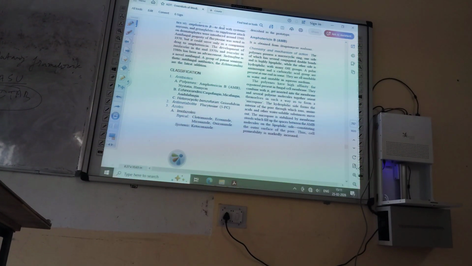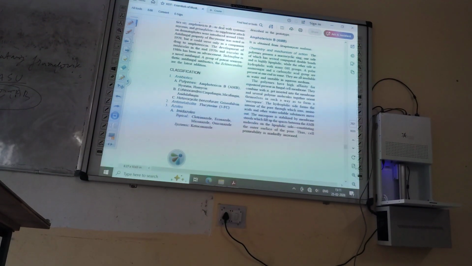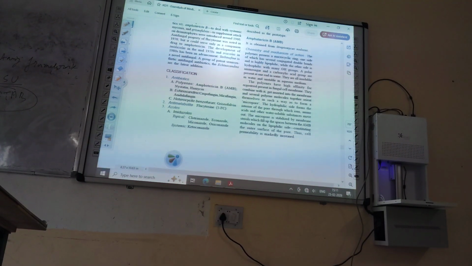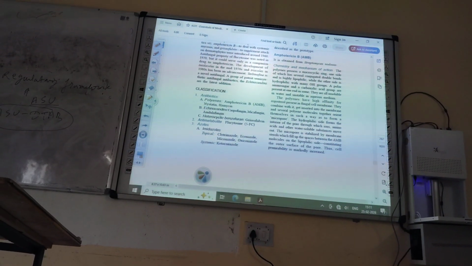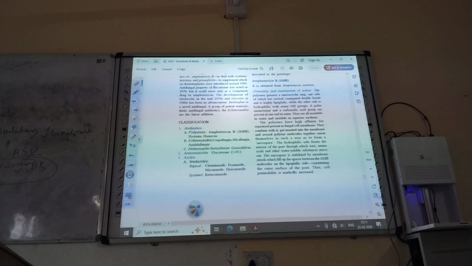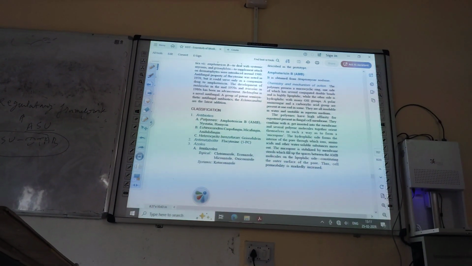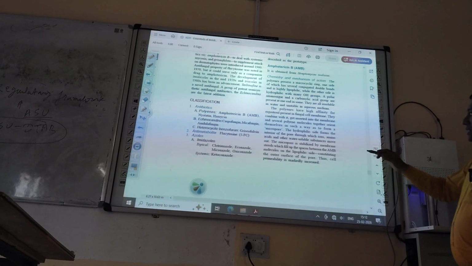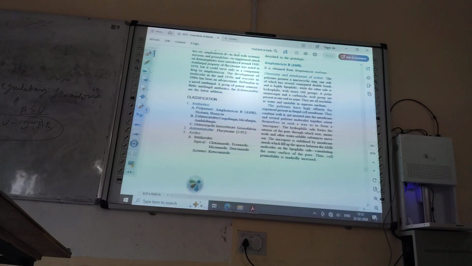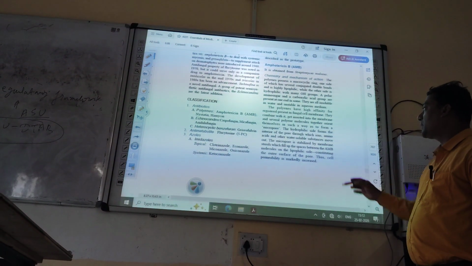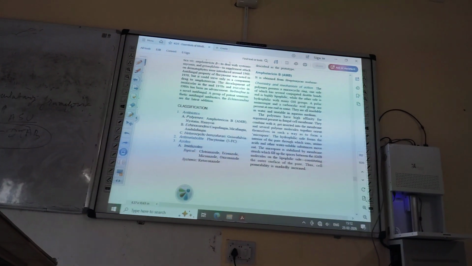The hydrophilic side forms the interior of the pore. Hydrophilic means water loving, hydrophobic means water hating, lipophilic means lipid loving; philic means loving, phobic means hating. Then the interior of the pore is hydrophilic in nature, by which important ions, amino acids, and other water-soluble substances move out from the interior of the fungal cell.